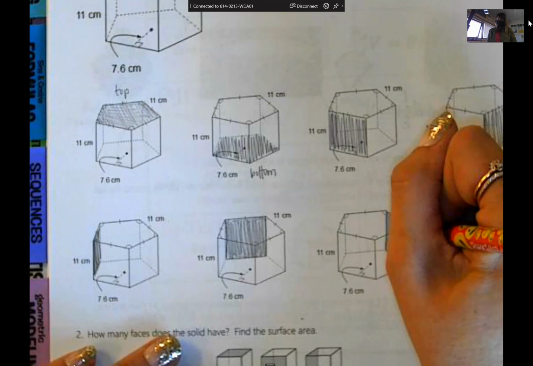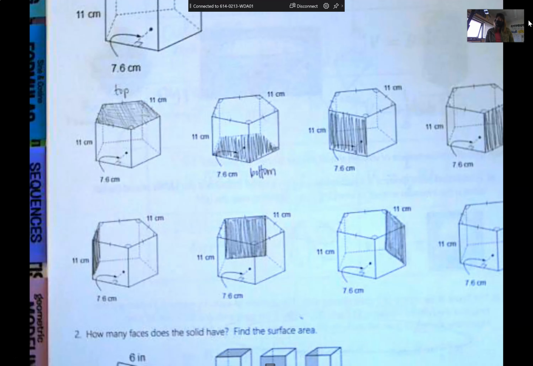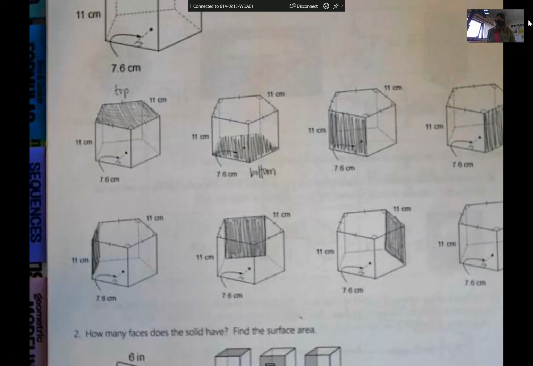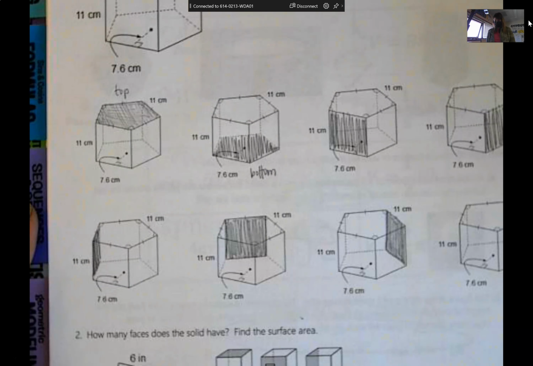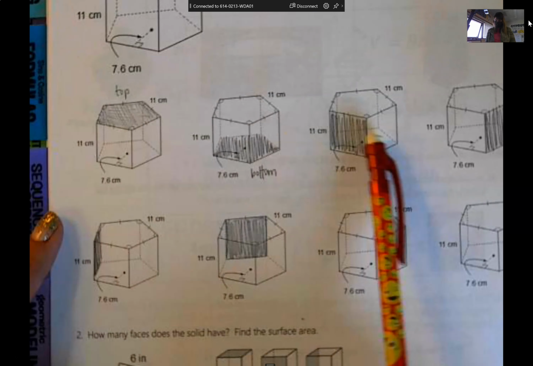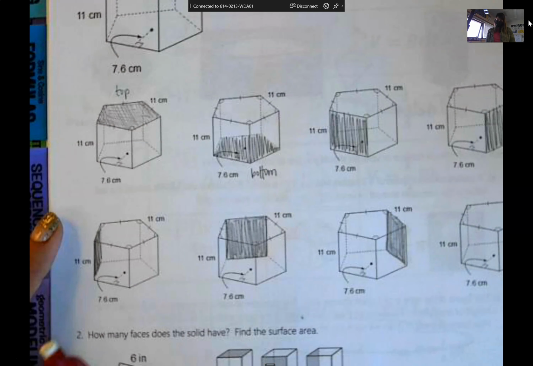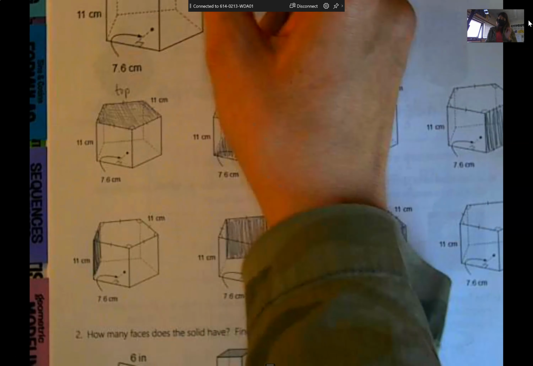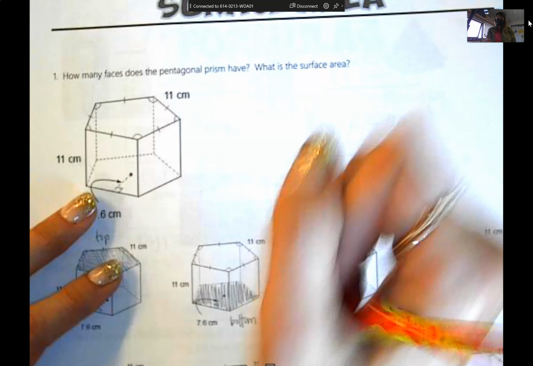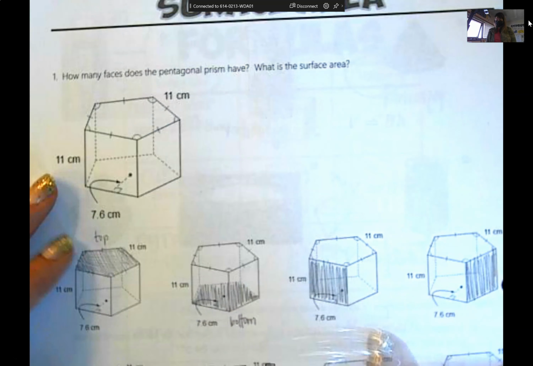So essentially a face is any part of the shape that you could put on a table. The part that's touching the table would be the face. So how many faces does this guy have? 7. So he has 5 sides. So this pentagonal shape is made out of 7 things.